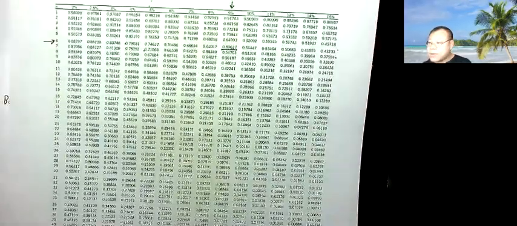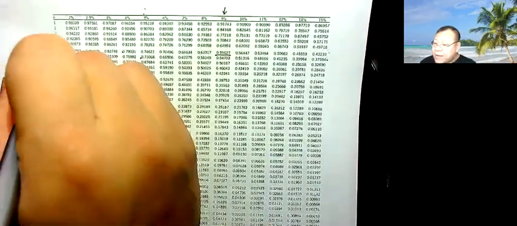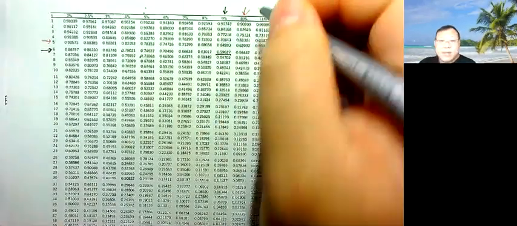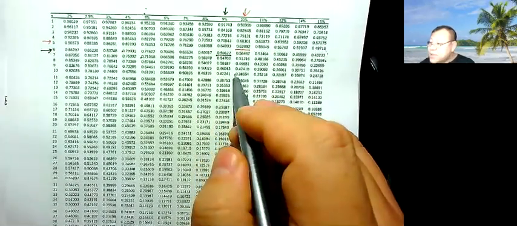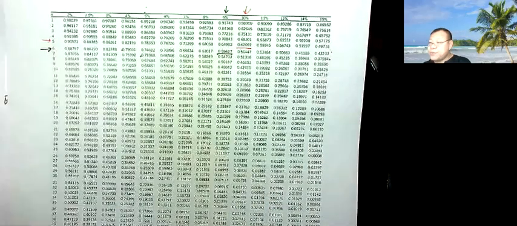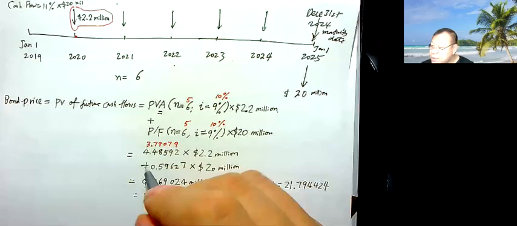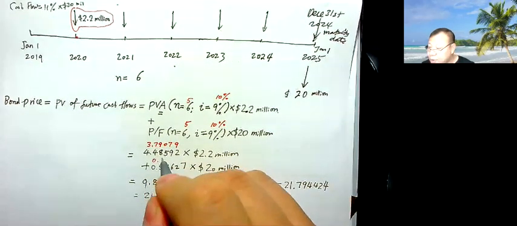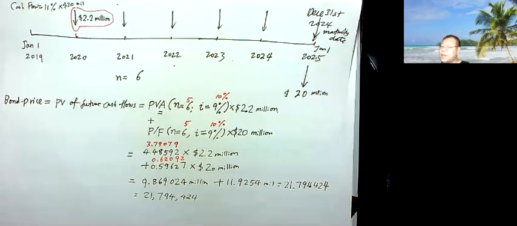And let's take a look at the present value of the one lump sum payment. For 5 and 10%, I have 0.62092. Okay, now let's do this calculation.